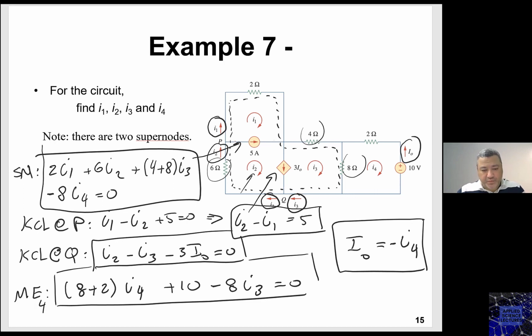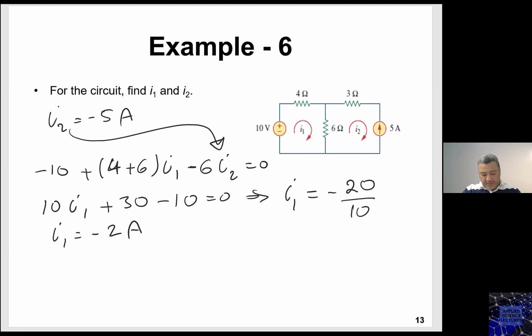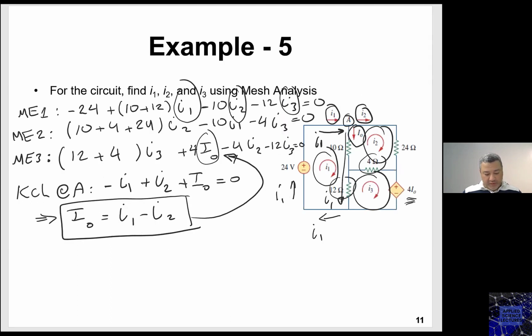Can you go back to the previous problem for a moment? Sure. This one. Oh, no, the one before that. This one. Yes. The problem is we have an I naught for mesh 3, and if we had 3 equations, that would leave 4 variables, and therefore you'd have an indeterminate system.